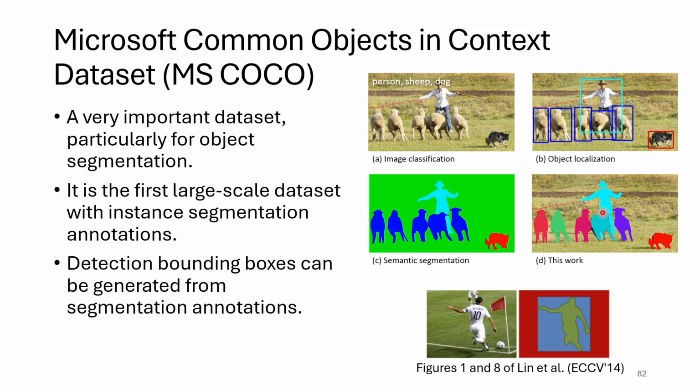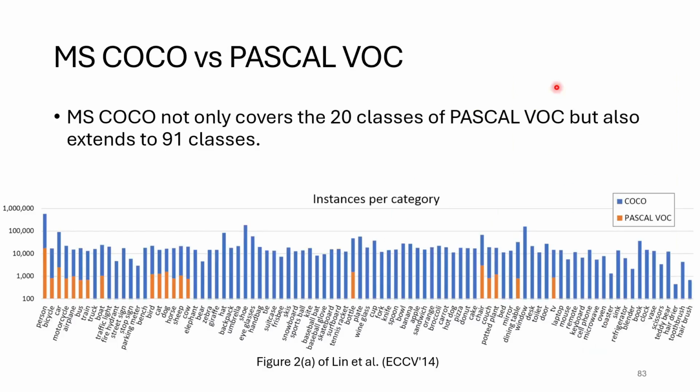Why is it important? Because if you have the segmentation label, you can easily create the bounding box. If you have this, you can easily generate the bounding boxes. And how large is the dataset?